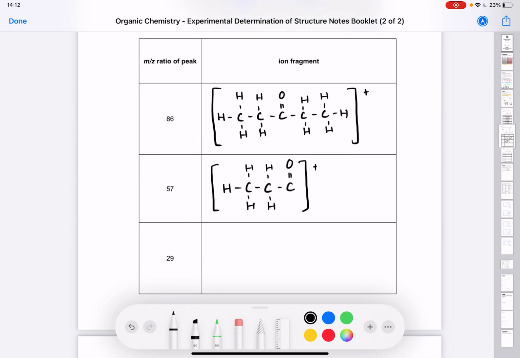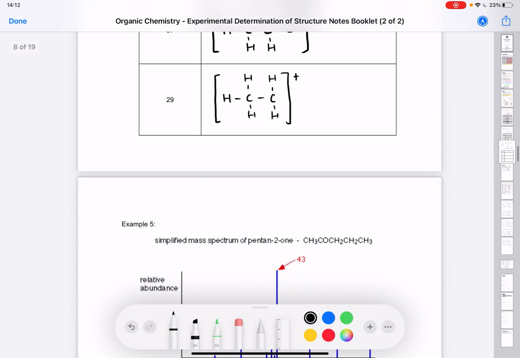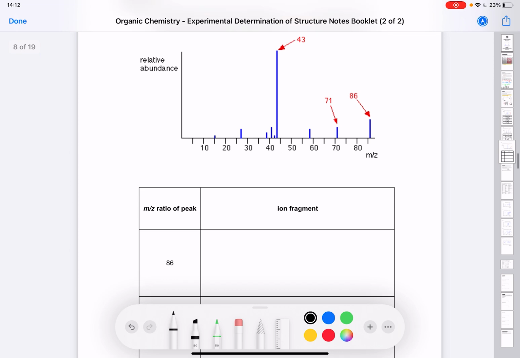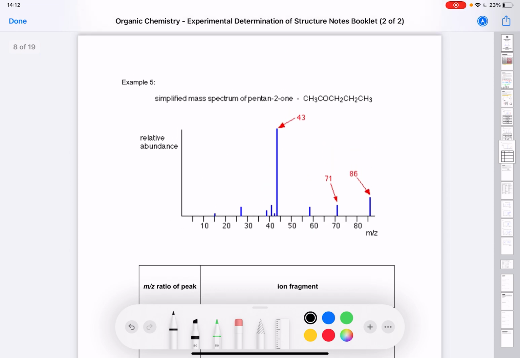So again, just look at breaking bonds, and we will see that if we are to break that bond there, we will get that fragment there.